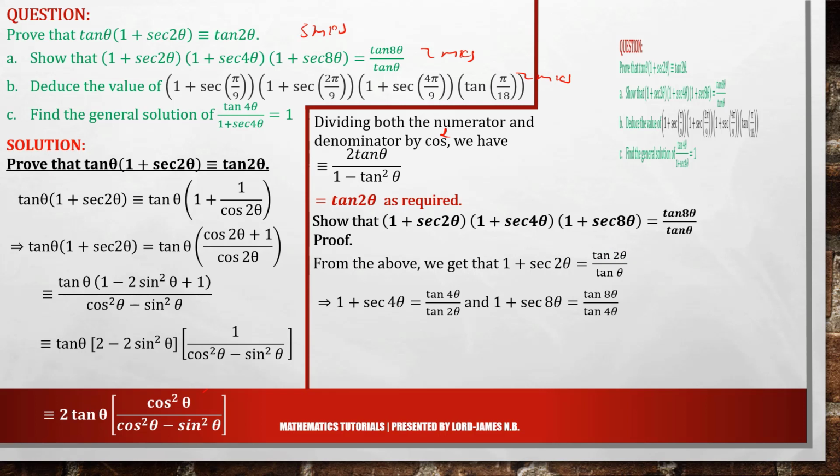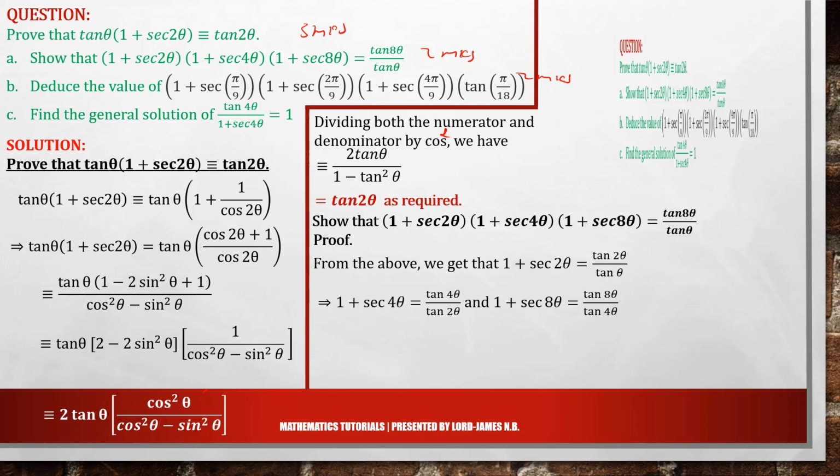So for 1 plus sec 4 theta we maintain the angle, then we halve it for the denominator. This will be the identity for 1 plus sec 4 theta: tan 4 theta divided by tan 2 theta. You can prove that and verify the answer. Likewise, 1 plus sec 8 theta will be equal to tan 8 theta divided by tan 4 theta.